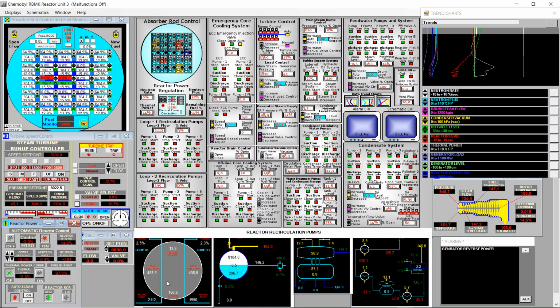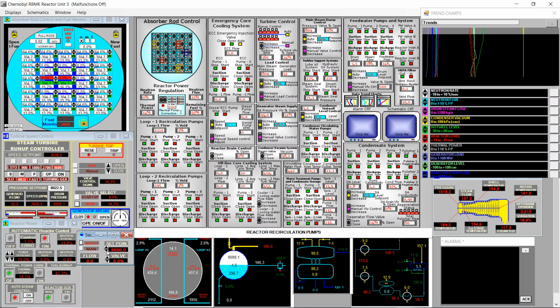Okay, that's perfect. So now let's follow the checklist. We will increase the set point to 10,000.